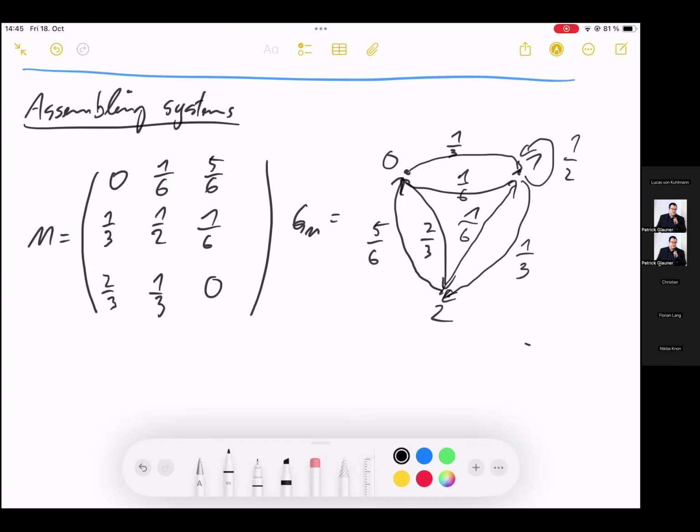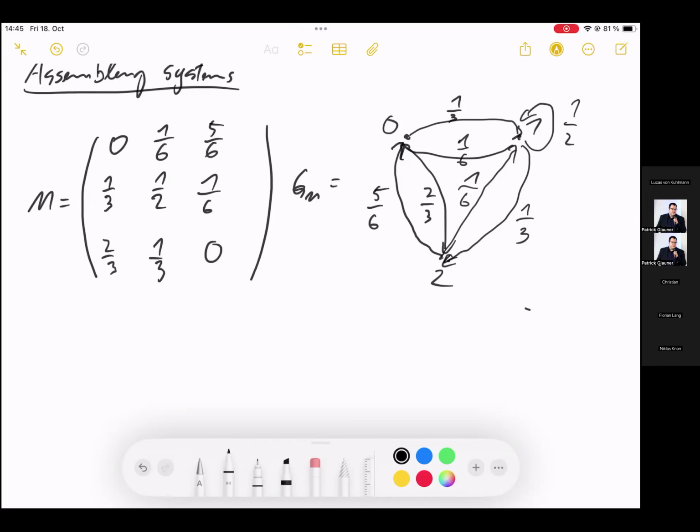So this is our first system. And we'll have a second system, and then we'll see how we can actually compose them into a bigger system and what that is useful for, and how to do it very easily. We have a smaller system now that we call N, just a 2 times 2 adjacency matrix, 1/3 and 2/3, here 2/3 and 1/3.